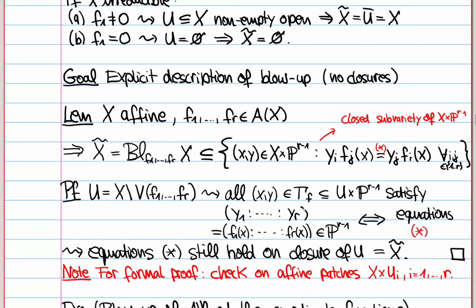That was basically just a definition of this Gamma_f. And then you see, once you have such an equality of vectors in projective space, then we always have this kind of cross product is equal to 0 pattern, right?